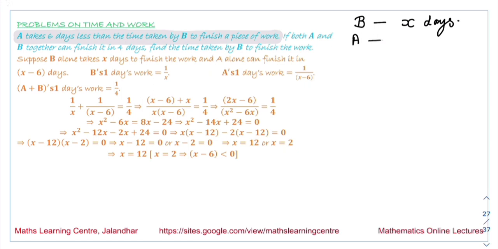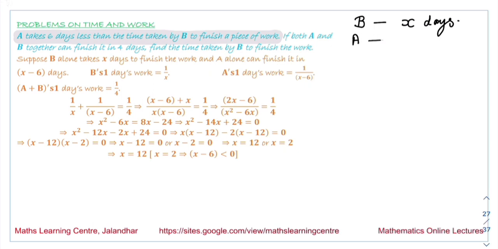Now if we take the LCM, it is x into x minus 6, x minus 6 plus x is equal to 1 by 4, and on solving this we get the quadratic equation x square minus 14x plus 24 is equal to 0.